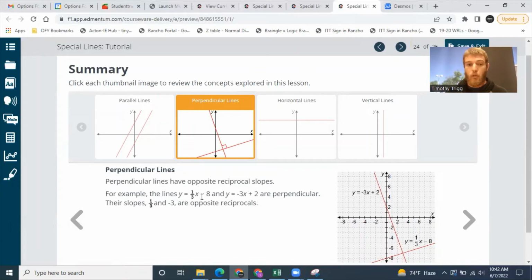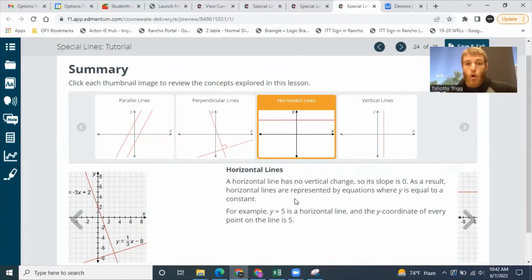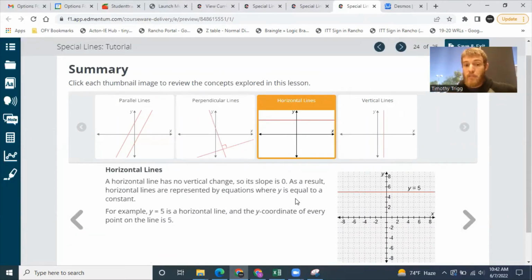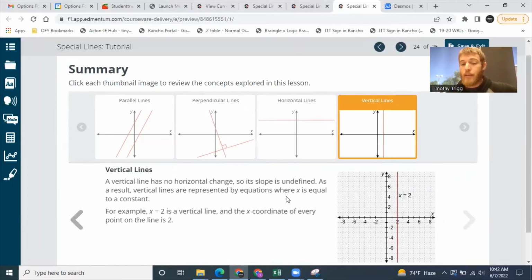For example, 1/3 and -3, if those are the slopes of the two lines, they would be perpendicular. Horizontal lines have a slope of 0, and they're always in the form y equals whatever the y coordinate is. Vertical lines have an undefined slope, and they are always in the equation form x equals a constant, wherever the x coordinate is.